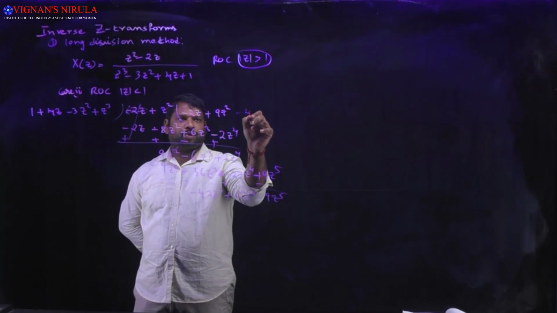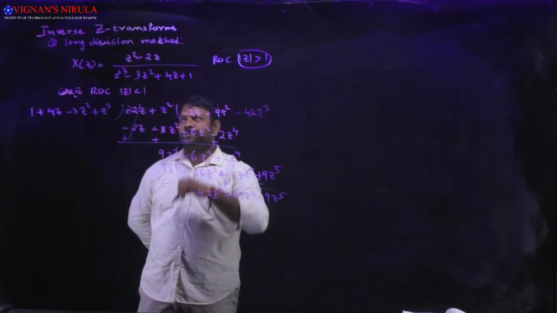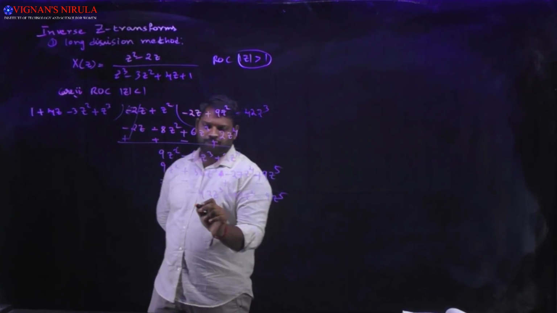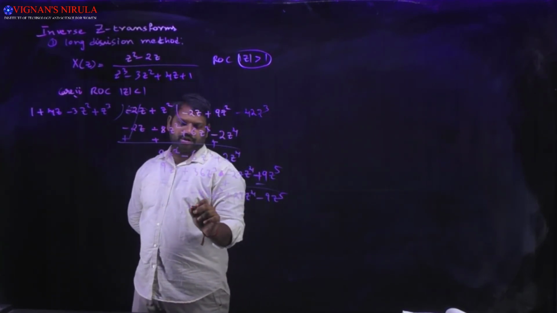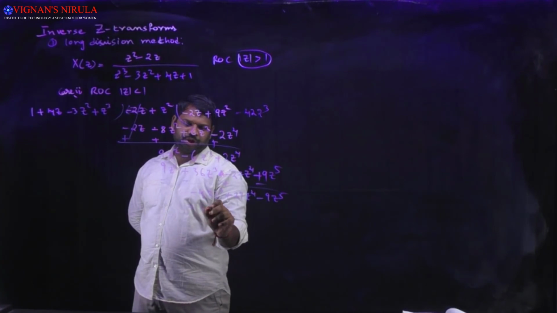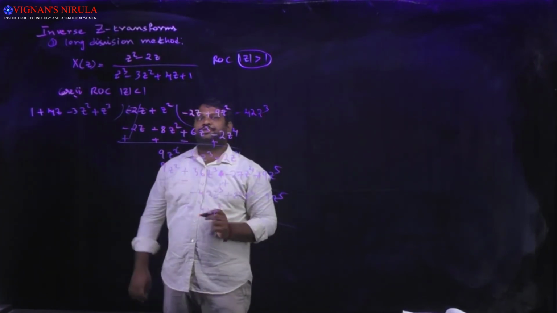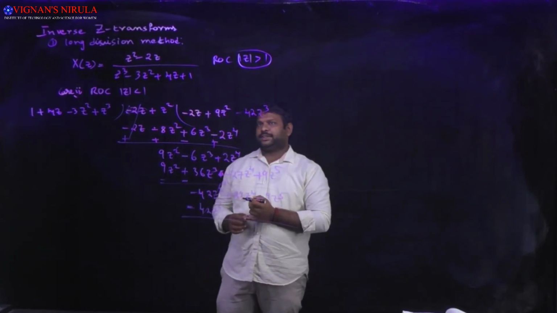Here minus 42z cube. Minus 9 minus 42z cube. That's why this minus 42z cube will get cancelled here. Then these will be the coefficients. Like that.